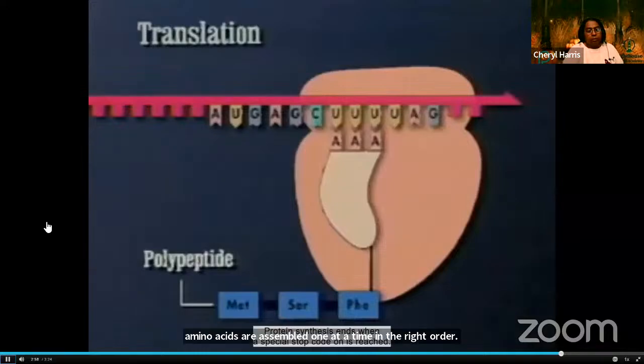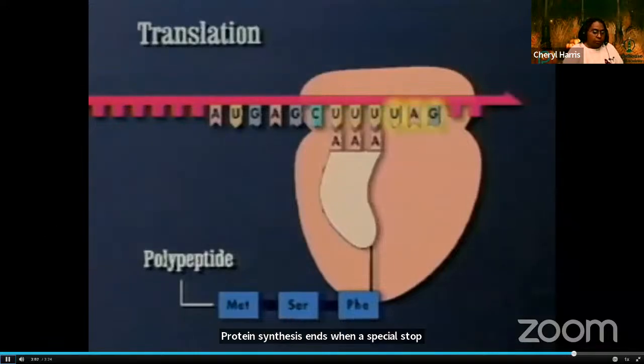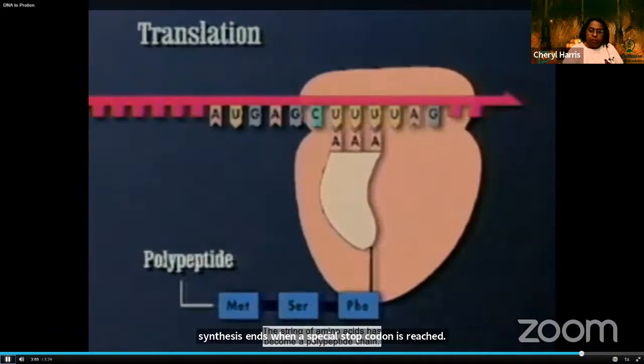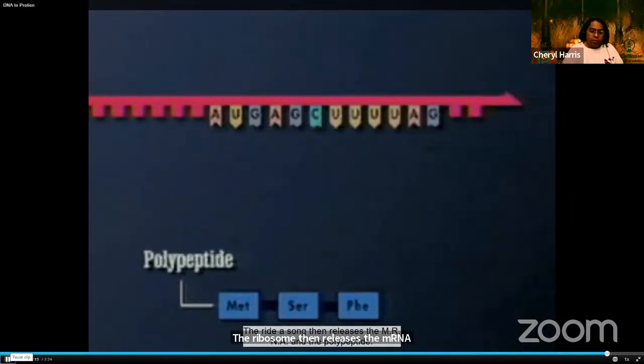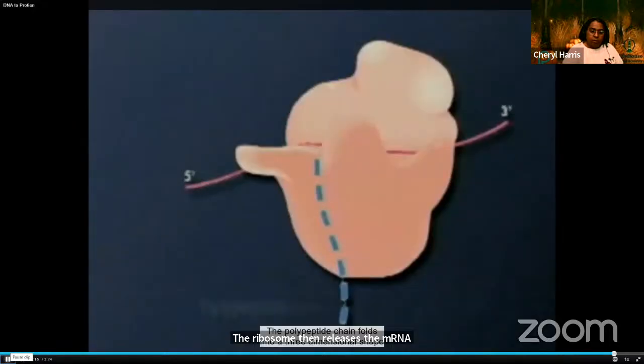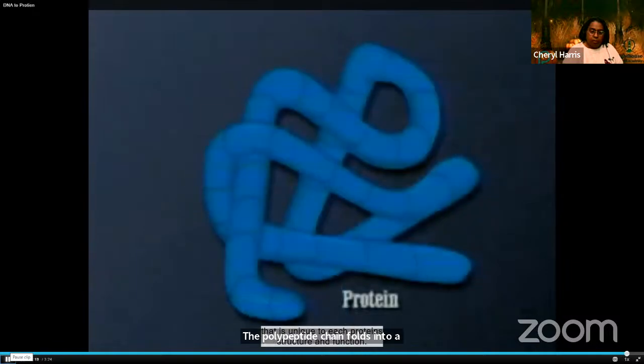Protein synthesis ends when a special stop codon is reached. The string of amino acids has become a polypeptide chain. The ribosome then releases the mRNA and the polypeptide. The polypeptide chain folds into a 3-dimensional shape that is unique to each protein's structure and function.